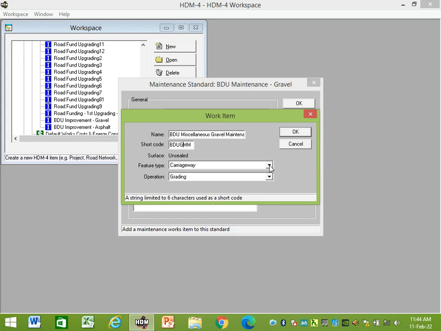Now feature type, you go to feature type, there is miscellaneous. Take miscellaneous. Miscellaneous maintenance. All maintenance aggregated, taken as one. Okay?